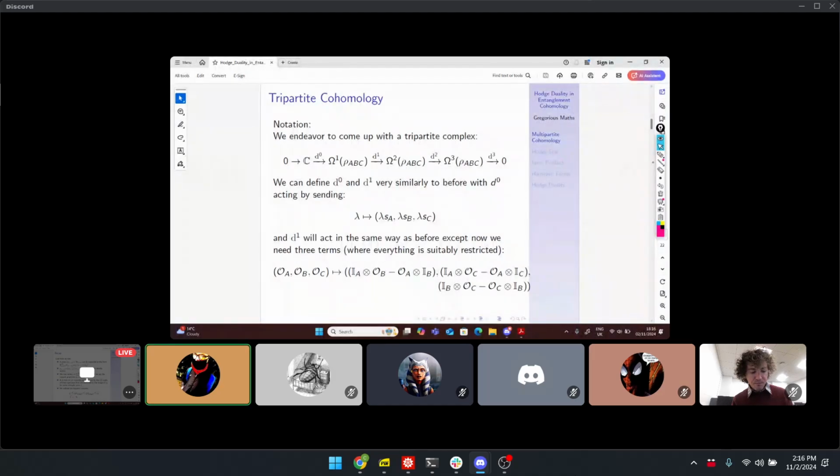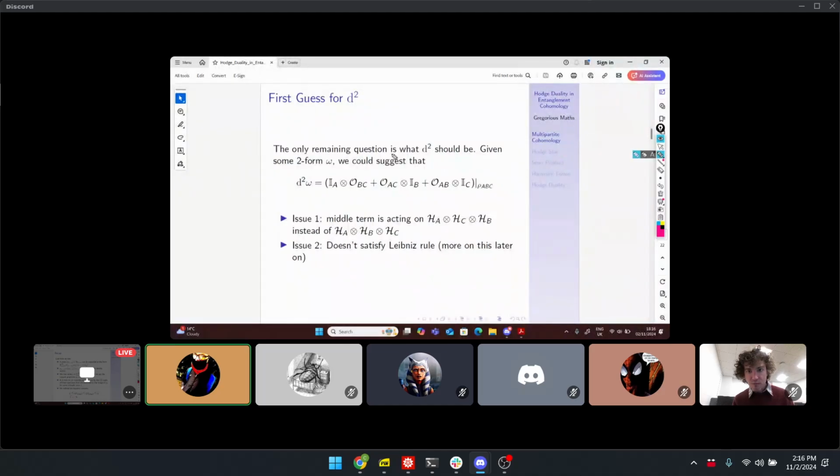But now, of course, the question is, we have no idea what D2 will be. All we know about D2 is that it's going to send a two form on this three-partite space to a three form. So how can we do that? Well, the first guess could be, why not do it in a similar fashion to before?